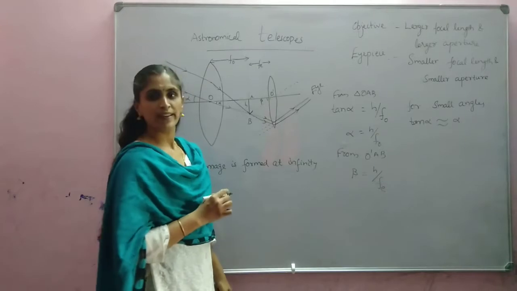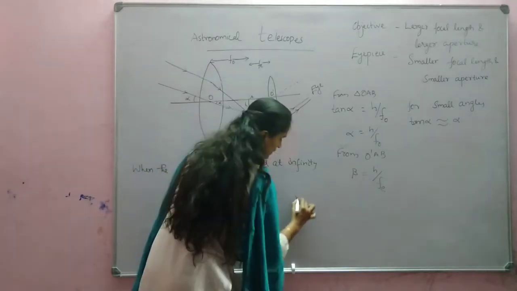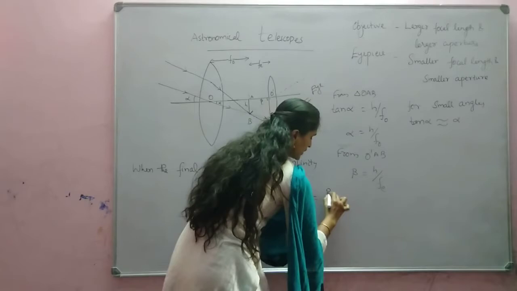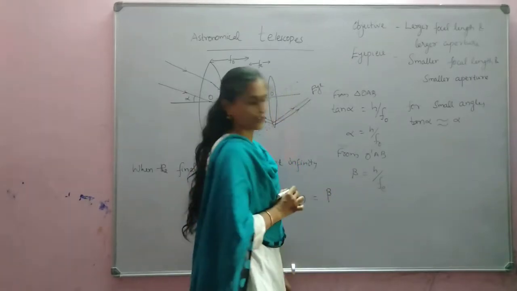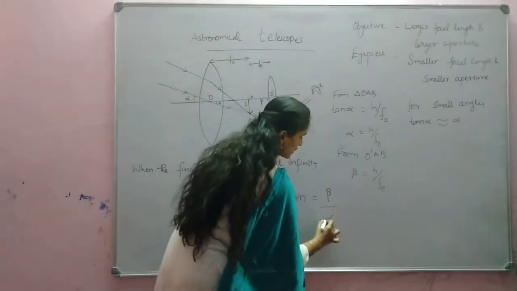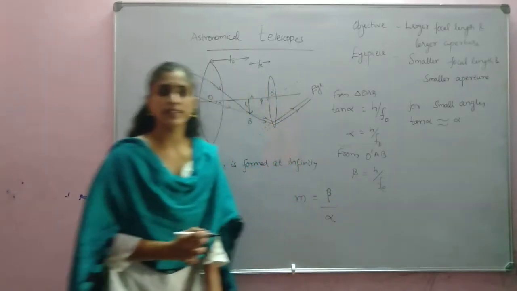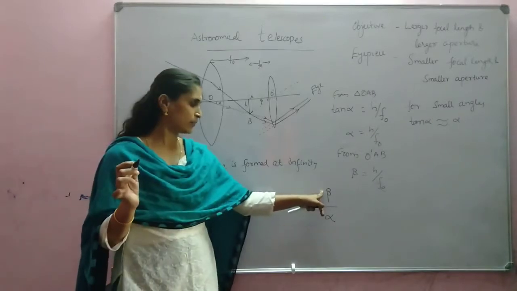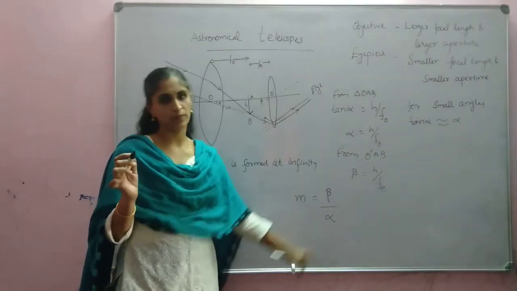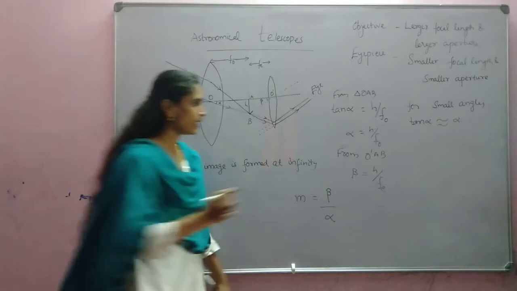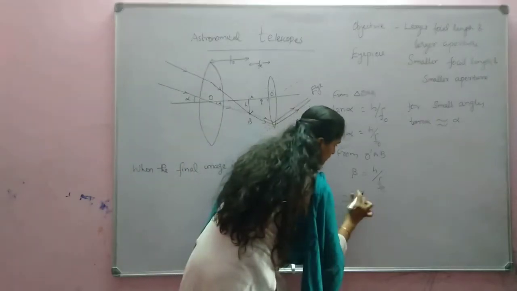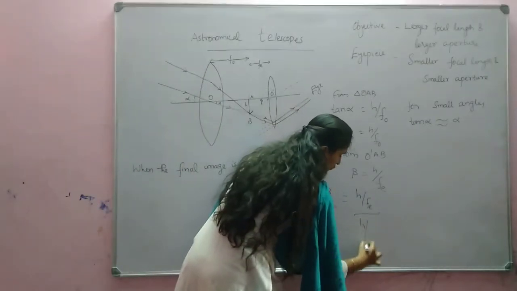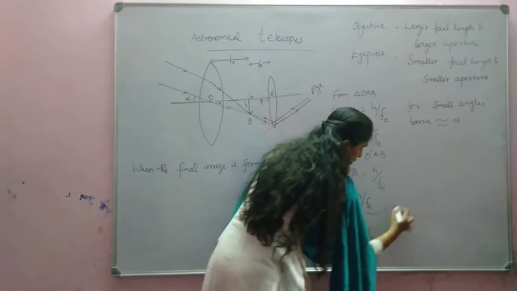And we are defining magnifying power as the angle subtended by the final image to the angle subtended by the object when viewed directly. Okay, angle subtended by the final image to the angle subtended by the object, beta by alpha. So we can write h by Fe into h by Fo, what we will get?